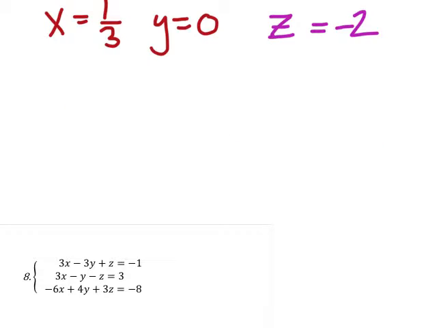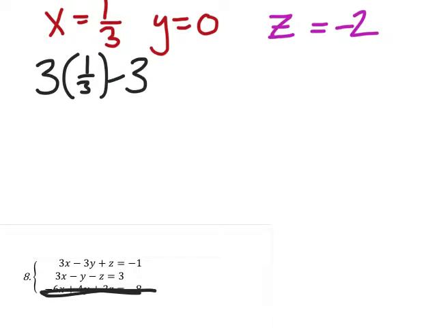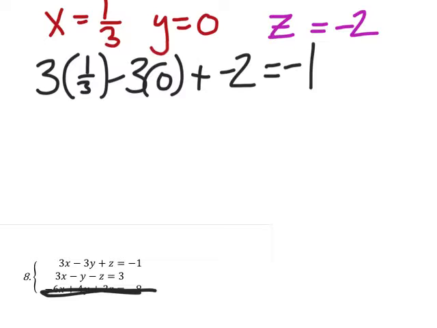Alright, working with these equations, so we used the bottom equation, so we don't really need to use it again to check our answer, but we'll use those other two, okay? We got a 3x minus 3y plus z equals negative 1. Now, I've noticed on some of the problems you guys have been having trouble with this.